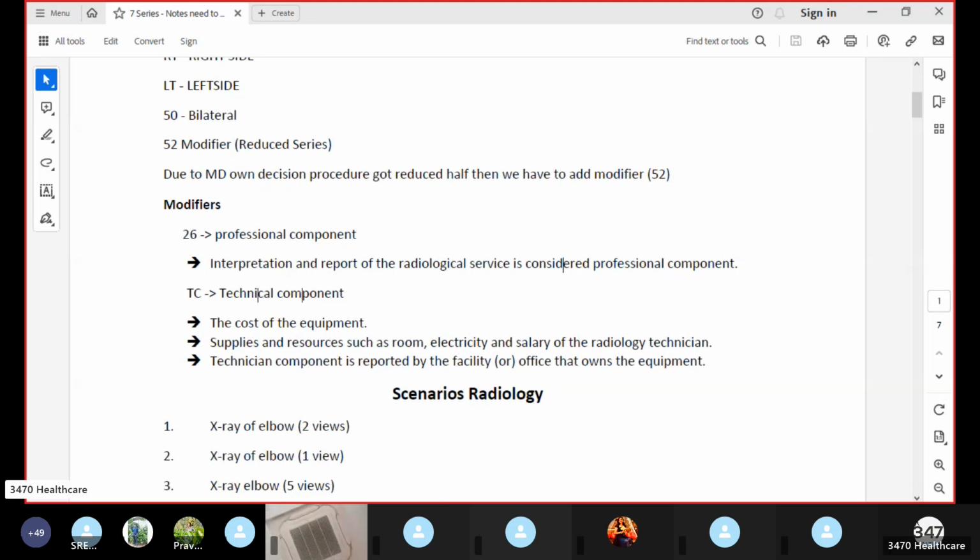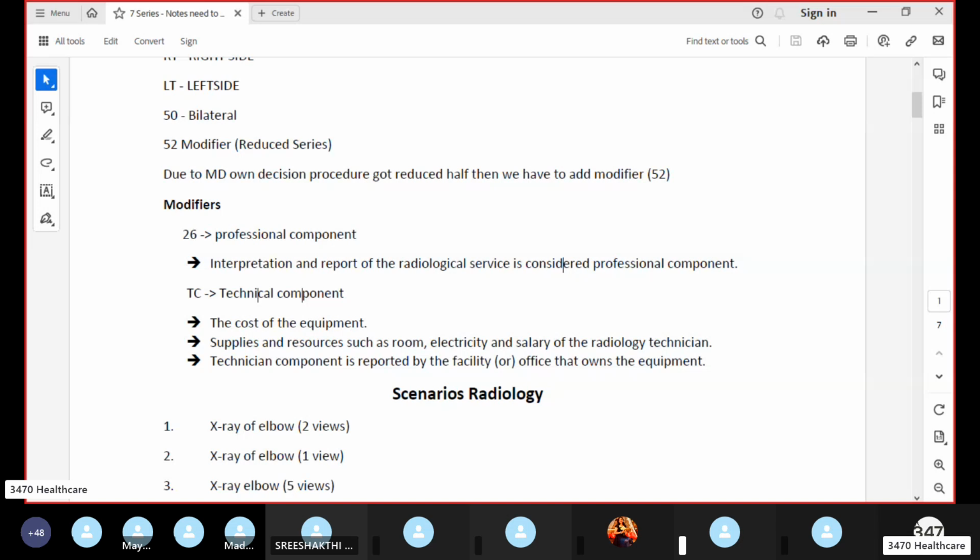Okay. So everyone understood? Sir has a doubt. Yes, sir. Why can't we use the 26 and TC modifier at the same time, because the hospital also uses equipment, right? If they ask how you will report the hospital, then the hospital charge is separate, so TC will come.